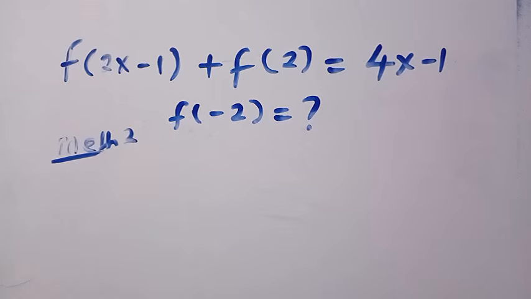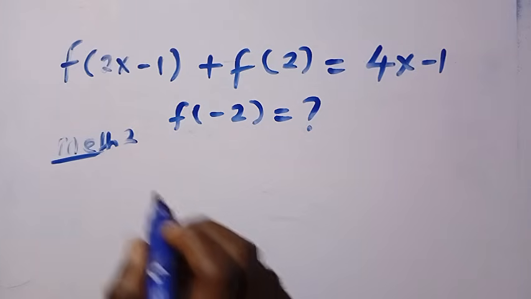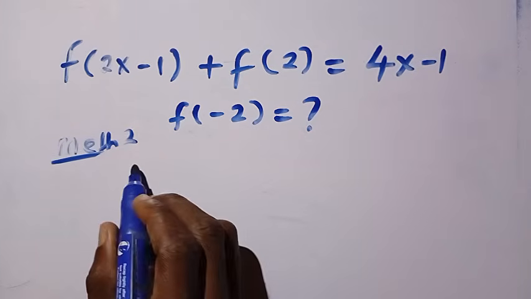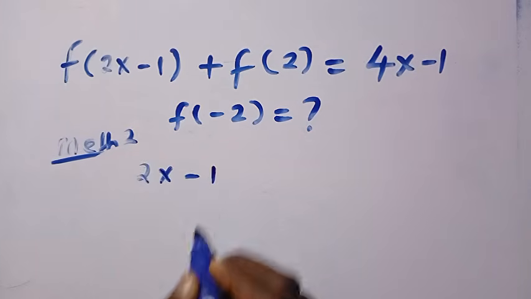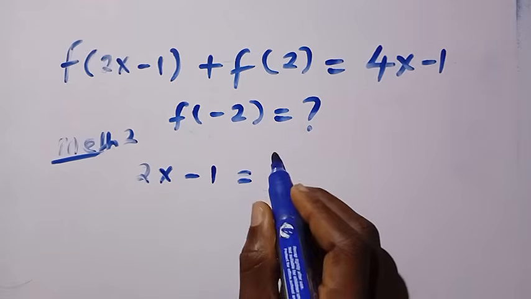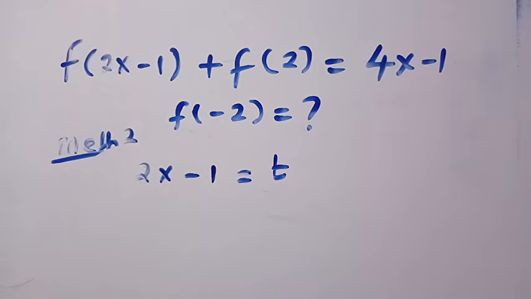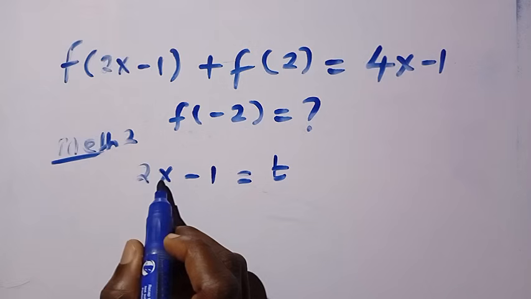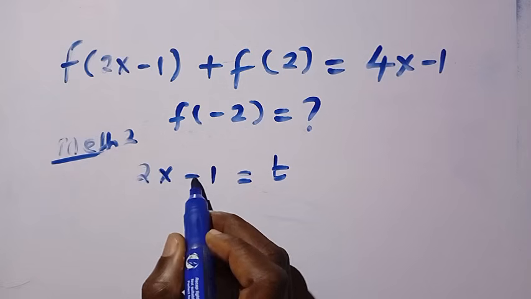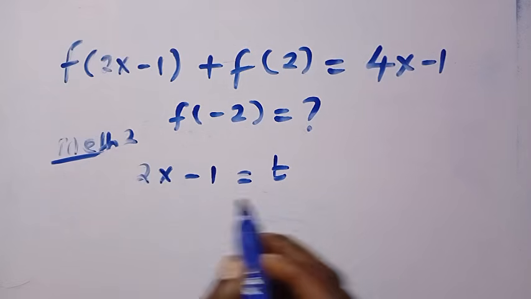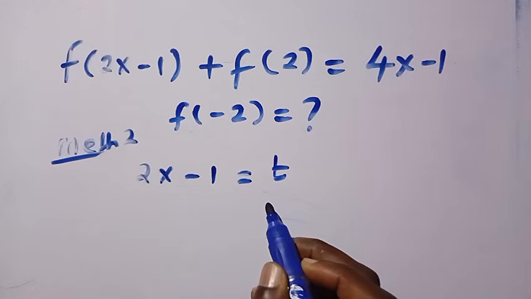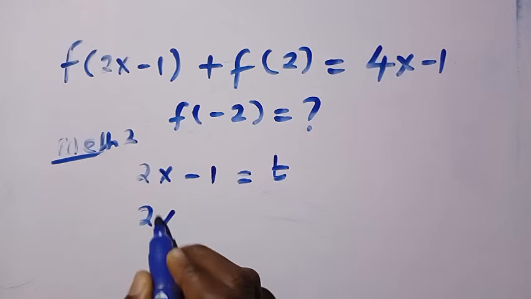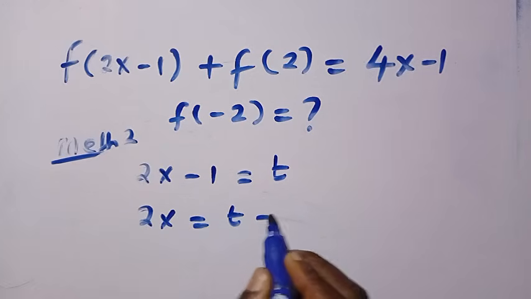In this second method, we are going to apply the substitution method to solve this. Assume from the first one here, which is 2x minus 1, I let this equal t. We are trying to make x the subject of the formula. We add 1 to both sides. We have 2x equals t plus 1.